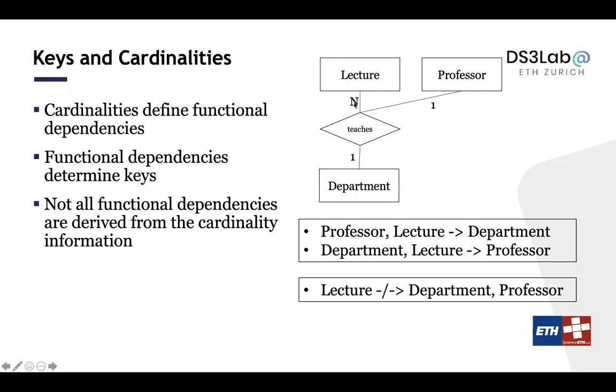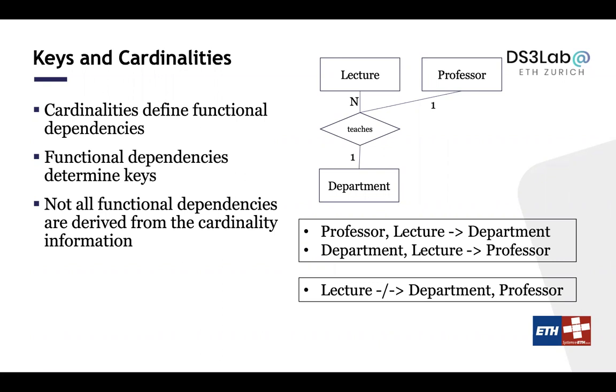So this cardinality constraint means that if I know lecturer and professor, I can uniquely identify a department. If I know lecturer and department, I can uniquely identify a professor. So what this cardinality constraint is doing under the covers is defining a whole bunch of functional dependencies that are going to hold in this application.